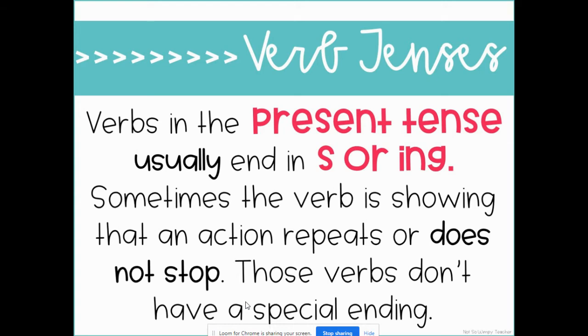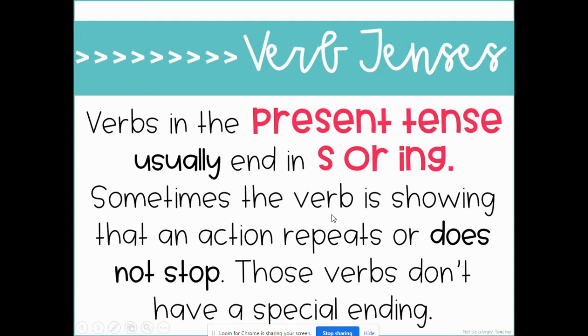Okay. So we're just going to put a little note here. Usually end in S or ing. Sometimes the verb is showing that an action repeats or does not stop. Those verbs don't have a special ending.